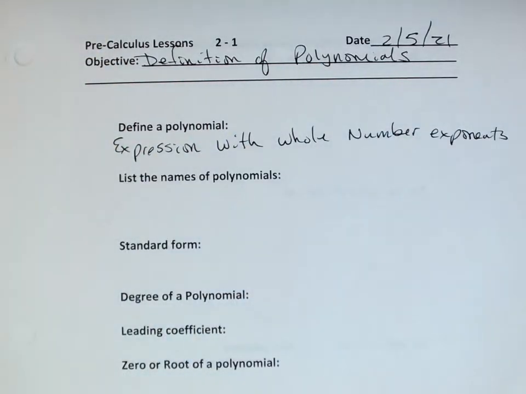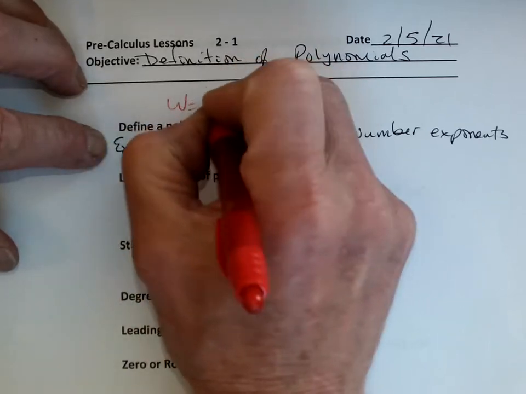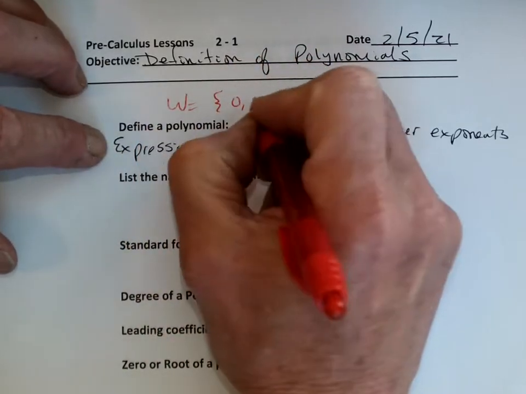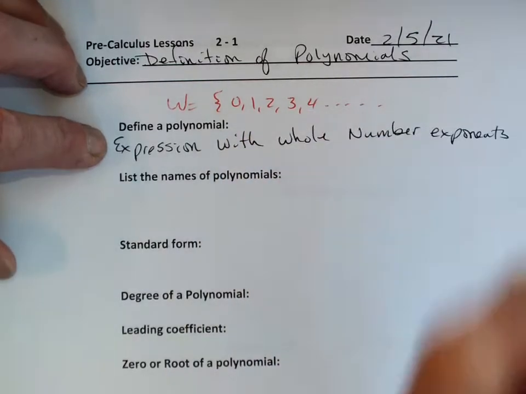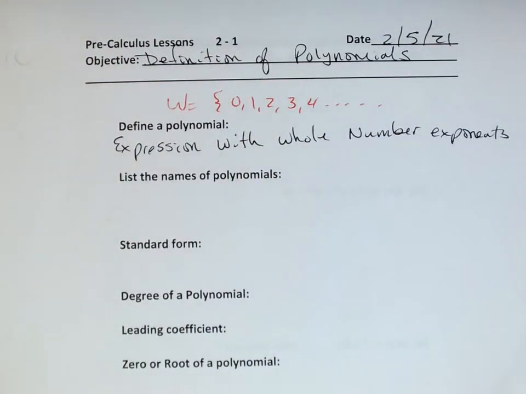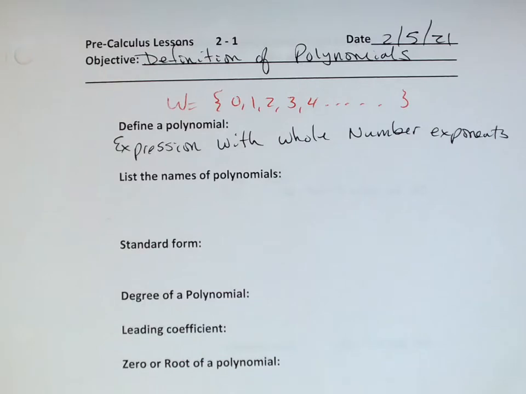And if you don't know what a whole number is, those are the numbers 0, 1, 2, 3, 4, and so on. A whole number isn't a fraction or a decimal or a negative. A whole number is just 0 going up to infinity, the counting numbers, right? That's it. No decimals, no fractions, okay?